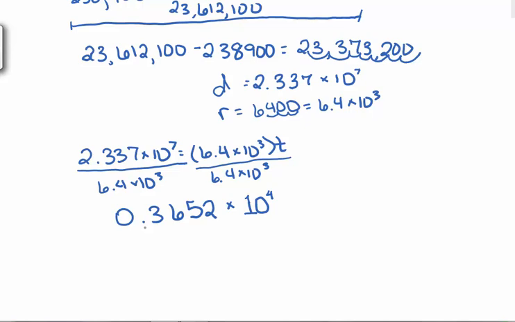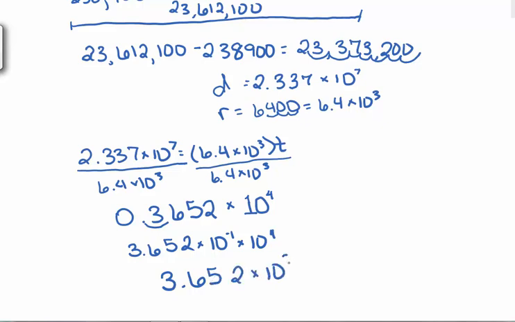This number is not currently in scientific notation. We're going to need to move the decimal place once to the right. So that adds an exponent of -1. So now I have -1 plus 4 would give me my final exponent of 3.